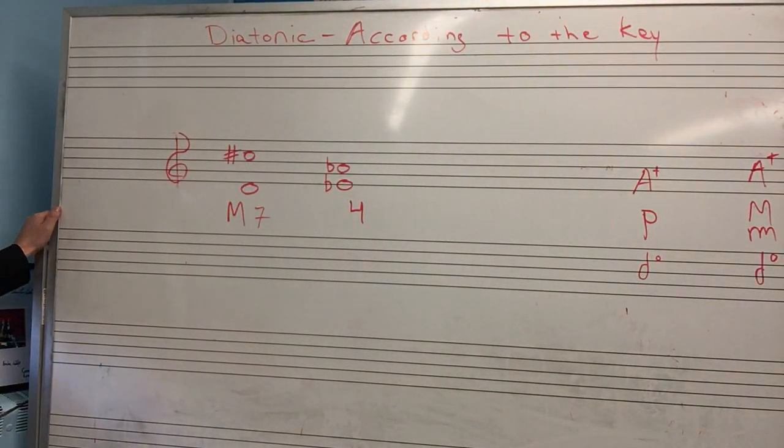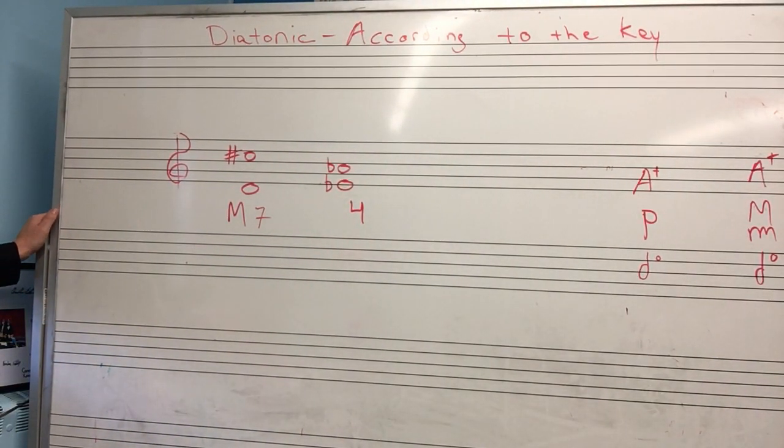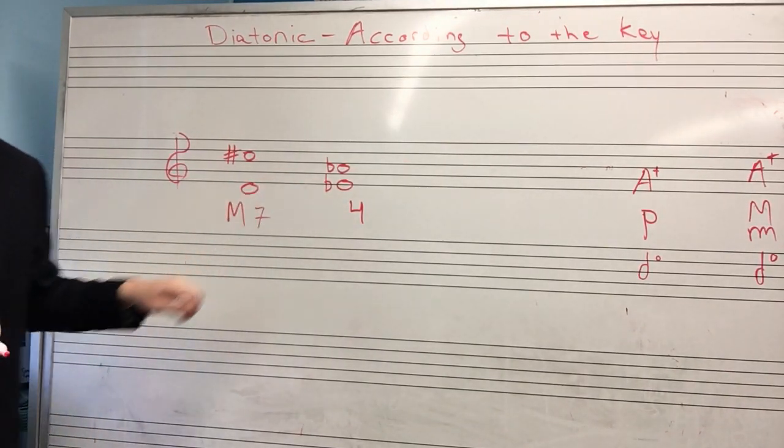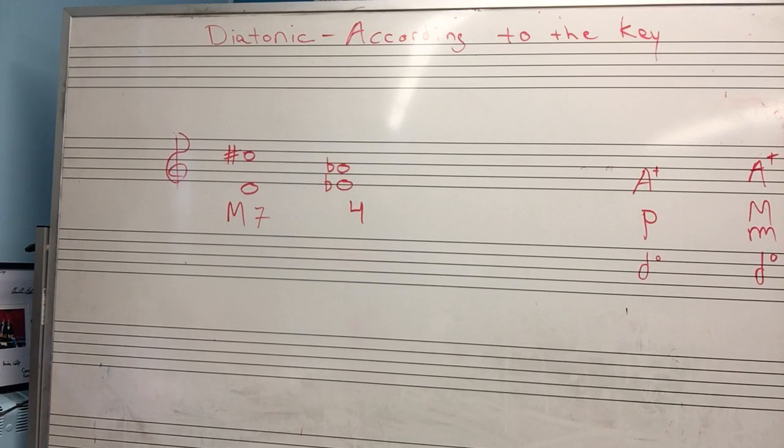So we reference our circle of fifths. What is the key signature for E flat major? Because that's my bottom note. E flat, 3 flats, what are they? B, E, and A flat.